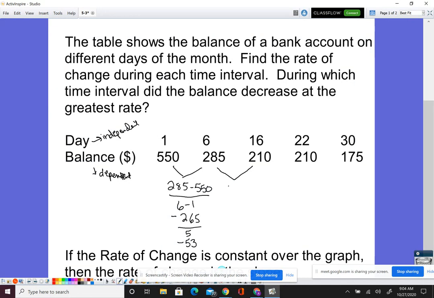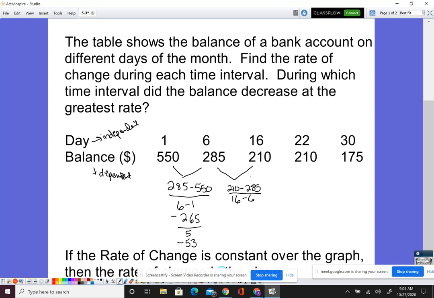We don't know whether or not this is a constant rate of change or not, so we have to calculate out each one and decide after we do that whether or not it is a constant rate of change.